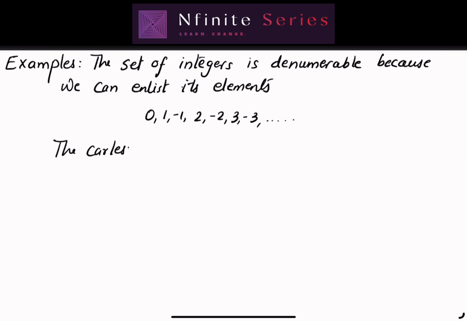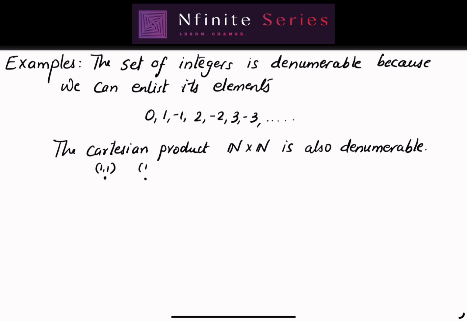Here is another example of a denumerable set. The Cartesian product of the natural numbers is also denumerable. For that, let us enlist the elements of this Cartesian product. The first element is (1,1), the second (1,2), (1,3), and (1,4), like this.